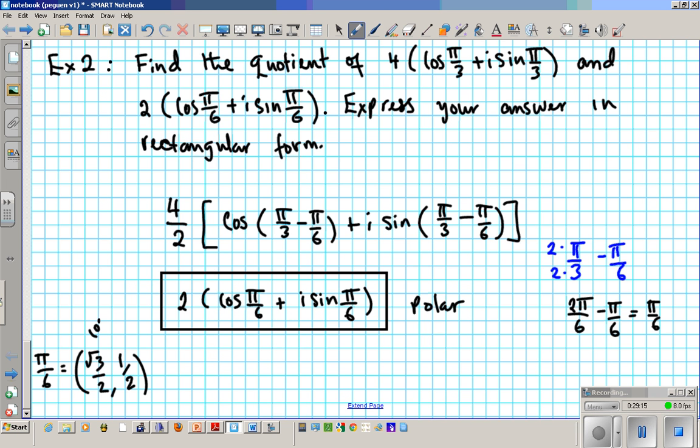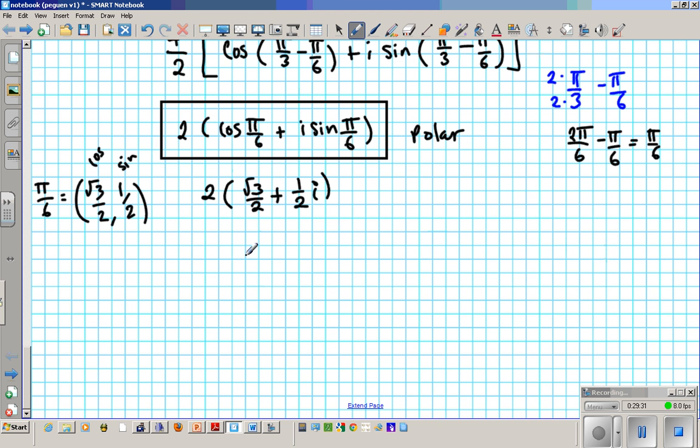Remember, this is a cosine and this is a sine. So if I plug them here, I'm going to have 2 times cosine pi over 6, which is root 3 over 2, plus sine pi over 6, which is 1 half I. And then I distribute the 2 to both of them. So I'm going to have 2 root 3 over 2 plus 2 over 2 i.